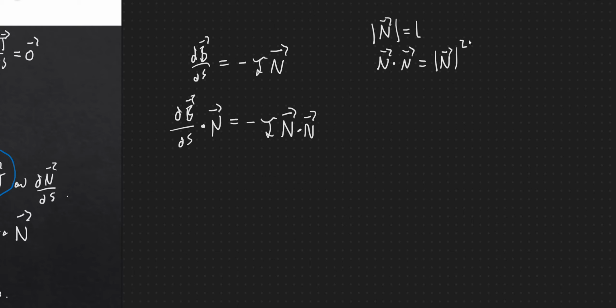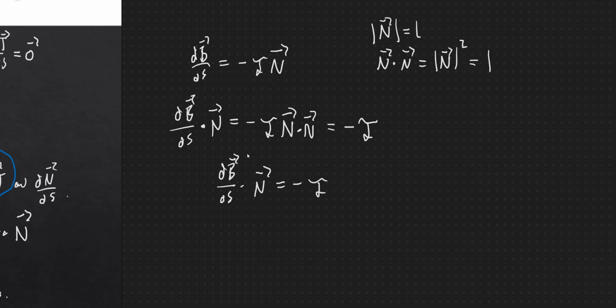So in the case of a unit vector, when I take a dot product with itself, I just end up with 1. So N dot N here is 1, and so I just get minus tau out. So here's my formula for minus tau: dB/ds dot N equals negative tau.